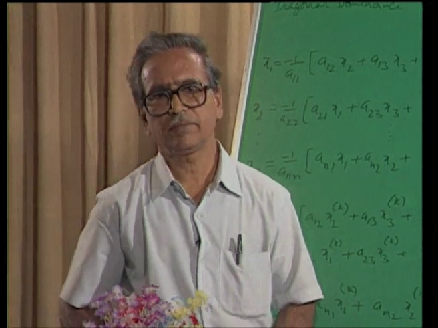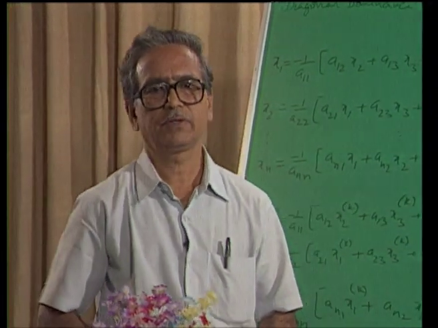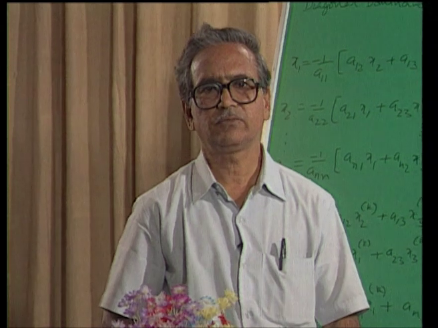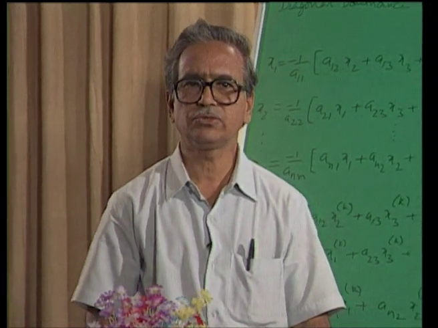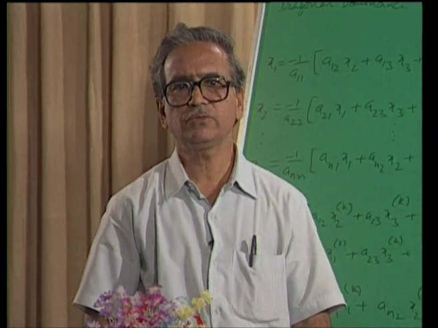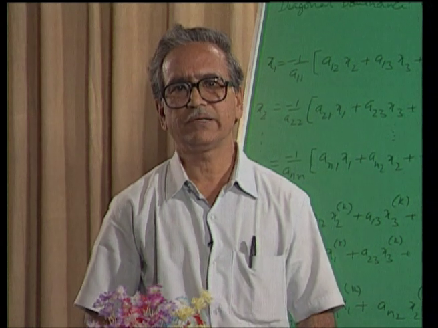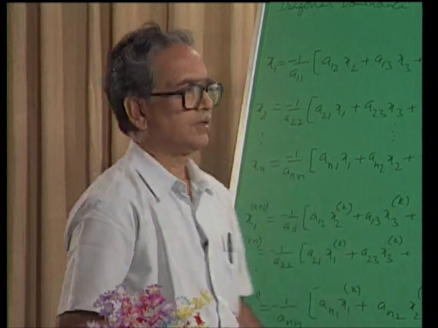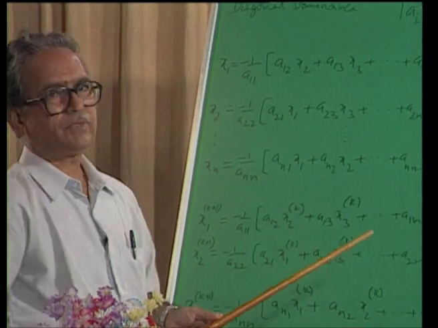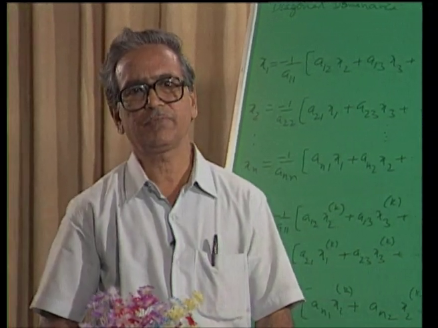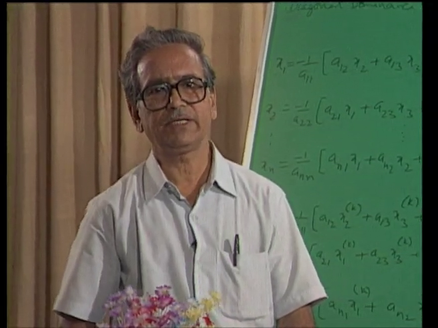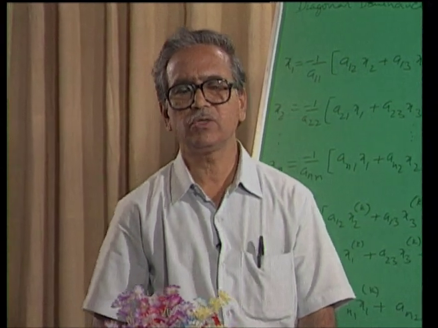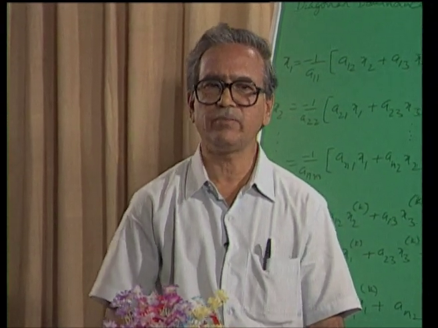Now, we shall consider the iteration methods. In the iteration method, we start with an approximate solution and we improve that solution in various iterations. Before obtaining this iteration procedure, we rewrite the given equations so that the coefficient matrix has diagonal dominance.